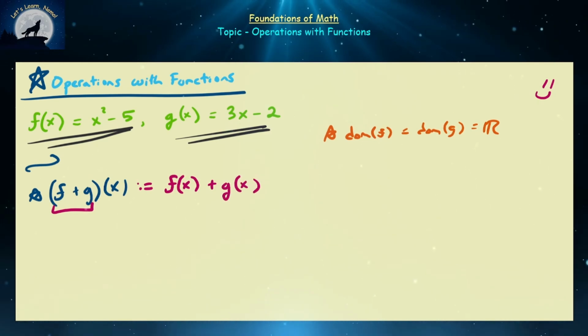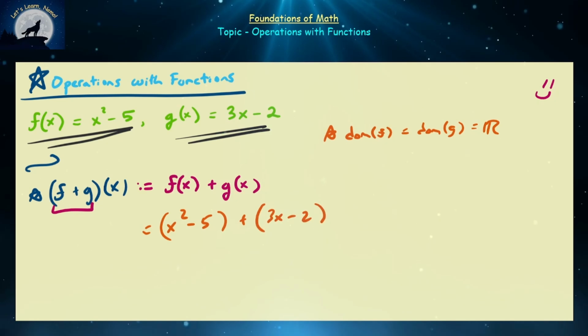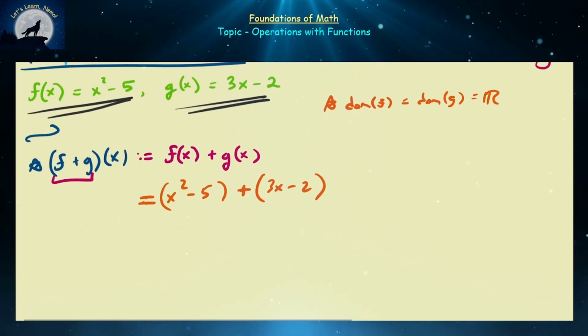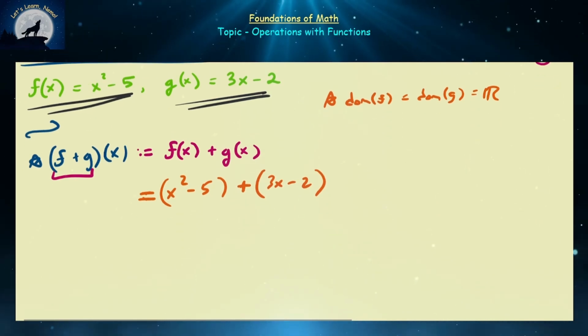So for our particular example, what would that be? f of x is x squared minus 5, plus g of x, which is 3x minus 2. That technically would be the answer to what is f plus g of x. Now, some people will expect you to simplify this expression.